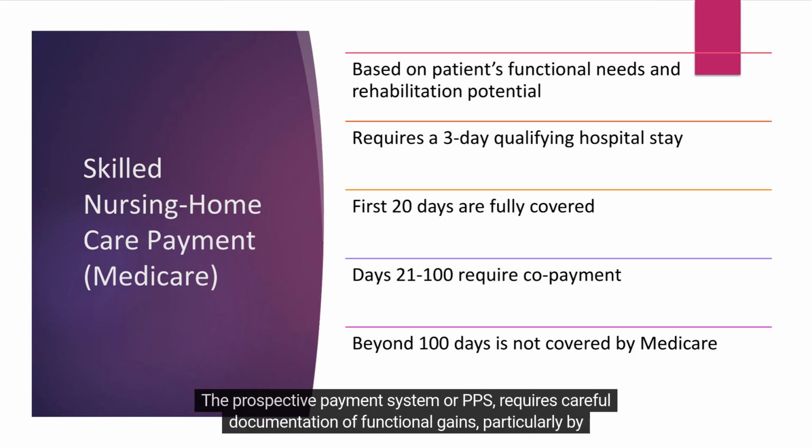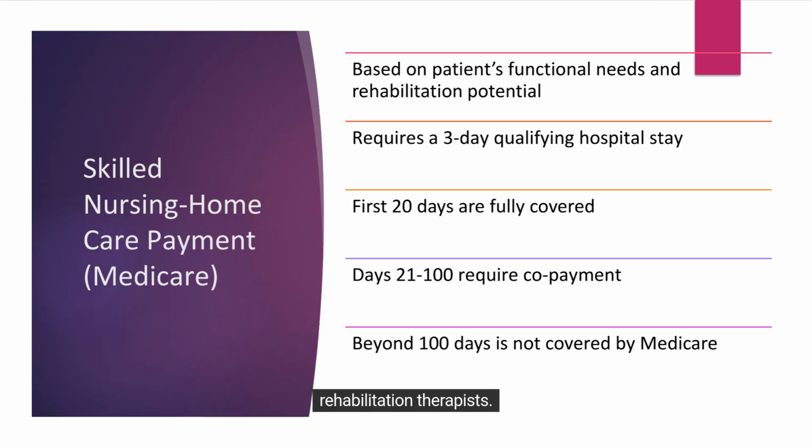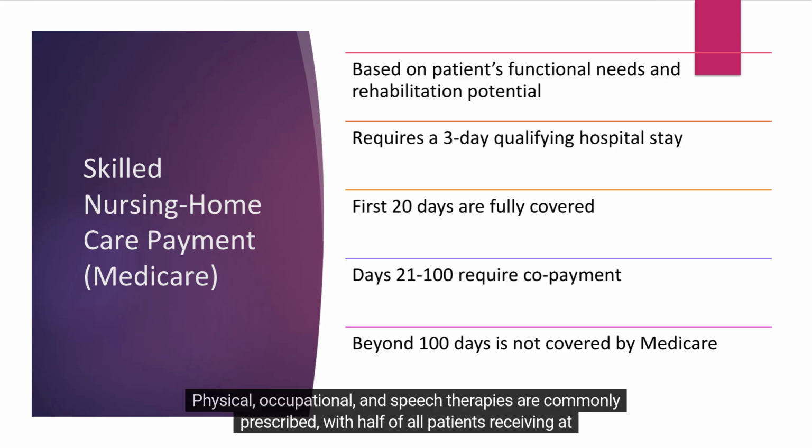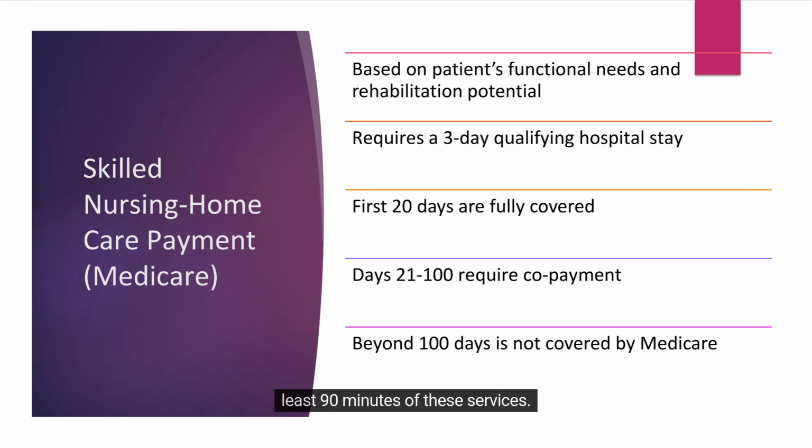The Prospective Payment System, or PPS, requires careful documentation of functional gains, particularly by rehabilitation therapists. The PPS has not resulted in limited access to skilled nursing care, but has made nursing homes more diligent with admission policies. Physical, occupational, and speech therapies are commonly prescribed, with half of all patients receiving at least 90 minutes of these services.